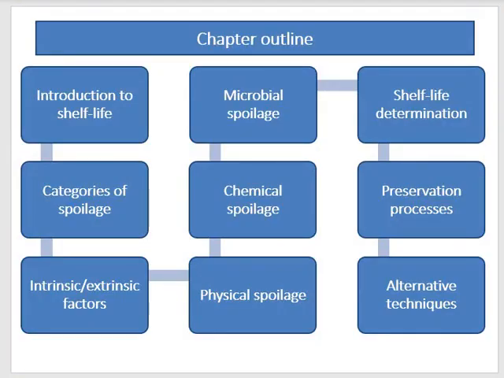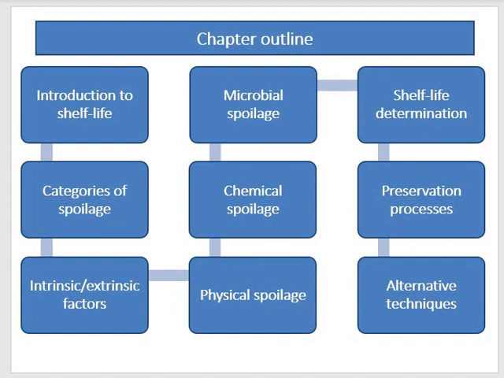In terms of the chapter outline, we're going to do a basic introduction to shelf life, getting into the categories of spoilage, since spoilage is just one of the indicators of the end of shelf life. We will then talk about the different categories of spoilage, explaining each and the factors affecting them. We're going to talk about means and ways of assessing the shelf life of a food product.